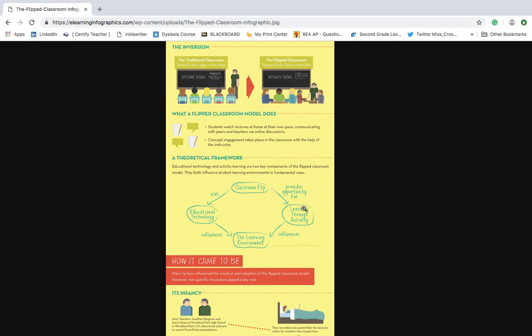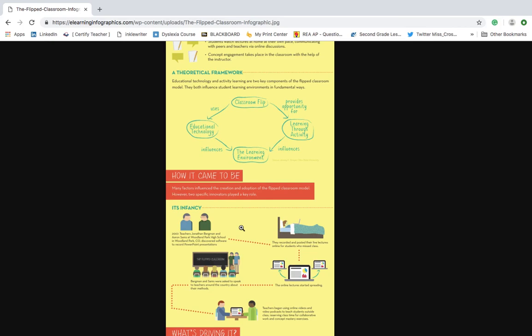It then provides opportunity for learning through the activity, and then it influences the environment in which the learning is happening. And if you go back up to the classroom that is being flipped, it uses educational technology, which then influences the learning environment. So in the end, the learning environment is truly being formed and changed into a very effective learning environment.